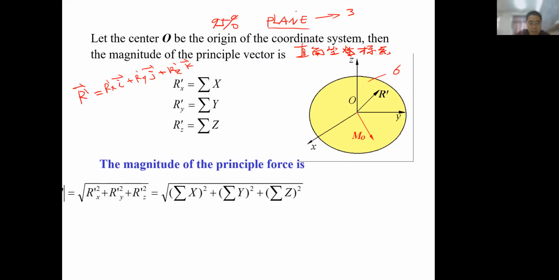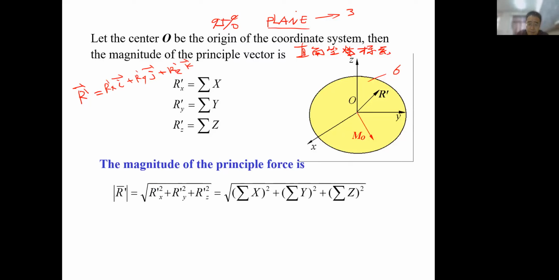So the magnitude of the principal force is actually the norm of a vector. In Chinese we call it 向量的模, right? If we call that A, and we have a direction OA, then talking about its magnitude means the absolute value of OA, right?